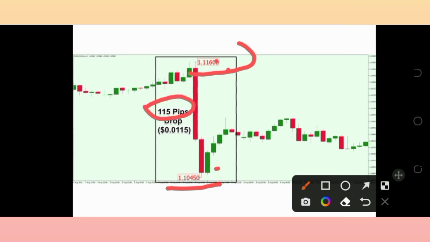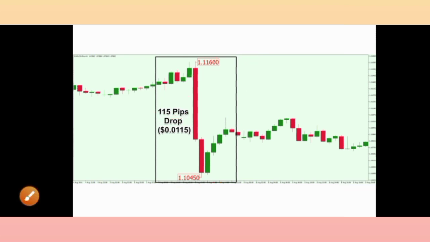By the way, I got this image from the internet. I was looking for an example I can use in this video. So that is all about PIPs. In case you want to know how much a PIP costs, because if you are trading and it moves 1 PIP, how much have you lost or gained? You can calculate that, but most of the time your broker already has a system that calculates it for you, so you don't really need to worry.